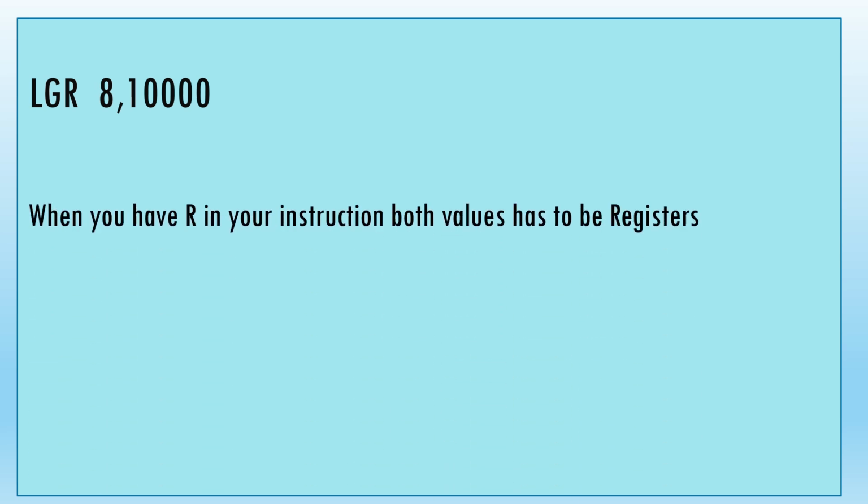Why? The moment we say R, that means we are doing a register to register operation. So it has to be something like 8 9 or 8 10 or 11 10 or whatever it is. The combination both has to be registers. When you have an R in your instruction, both values have to be registers. You cannot have a value here.